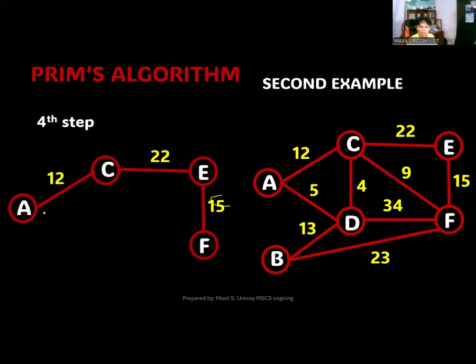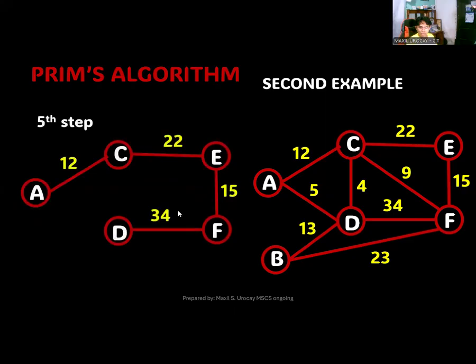Now we check again: A to D is 5, C to D is 4, and C to F is 9, which will form a cycle and be rejected. Then there is 34 and E to B, 23. So you can choose 34.